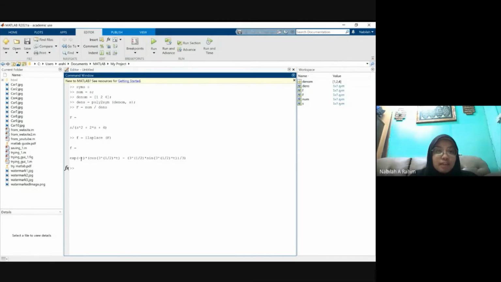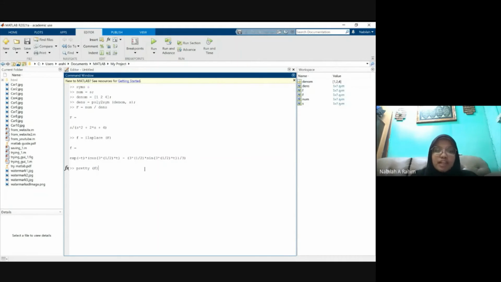This function will inverse the function of s over s squared plus 2s plus 4, and then the answer is exponent negative t times cos 3 to the power of half t minus 3 to the power of half times sine 3 to the power of half t over 3. To make it easier to understand, I can ask MATLAB to make the answer prettier.